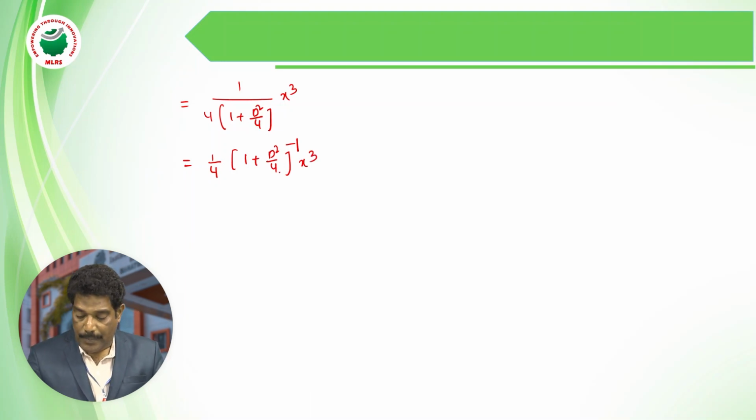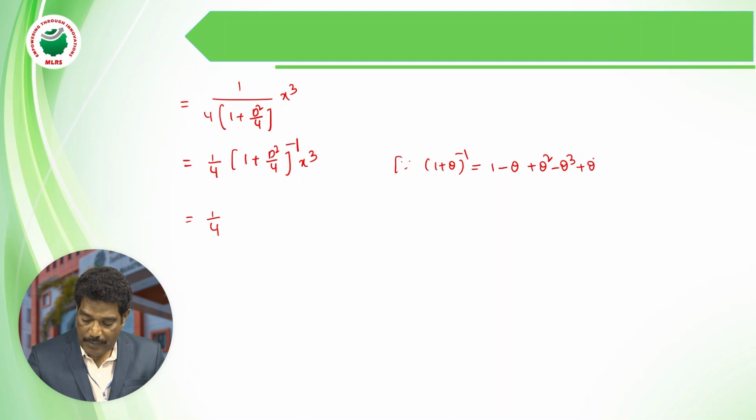Now this is a negative binomial expansion. So that's the formula I am writing. 1 by 4 into... what is the formula for negative binomial expansion? Since it is 1 plus something whole power minus 1, this expansion will be 1 minus theta plus theta square minus theta cube plus theta power 4 minus theta power 5, and so on.